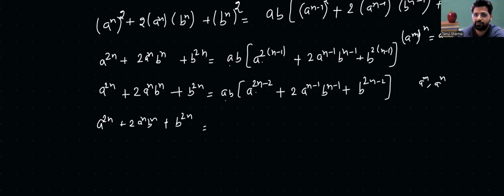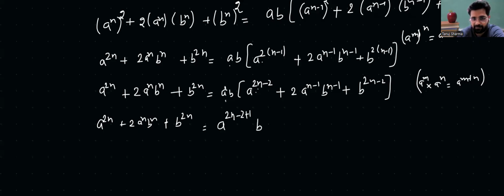If bases are the same, then powers are going to be added. So look at this, this is going to be a raised to power 2n minus 2 plus 1 and multiply b, because this a raised to power is 1, this is going to be multiplied with this, then we can write this.